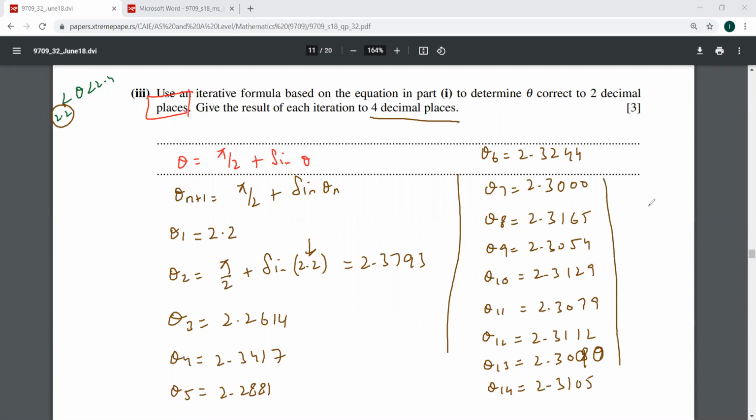We are almost there. Theta 16, theta 17.